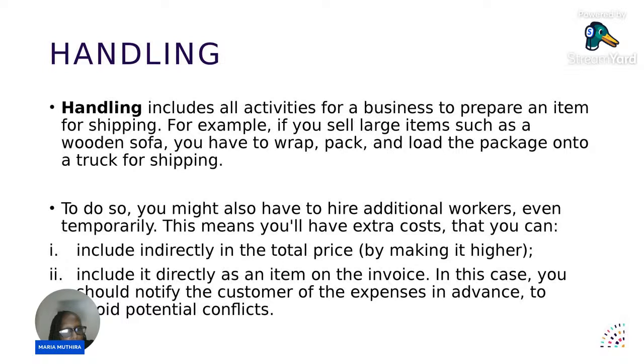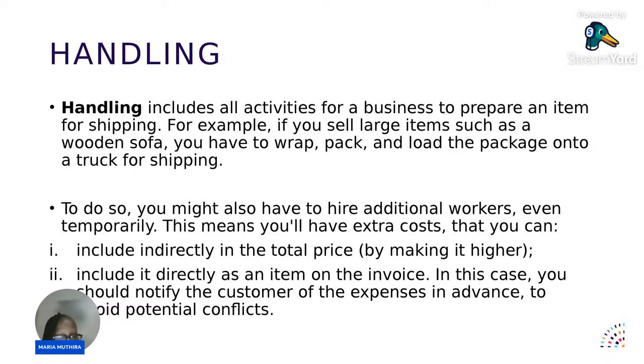This means you'll have extra costs that you can, one, include directly in the total price, by making it higher. If you add this handling cost to the total price of this sofa, the price will be higher. So you can factor the handling cost in the price of the sofa.